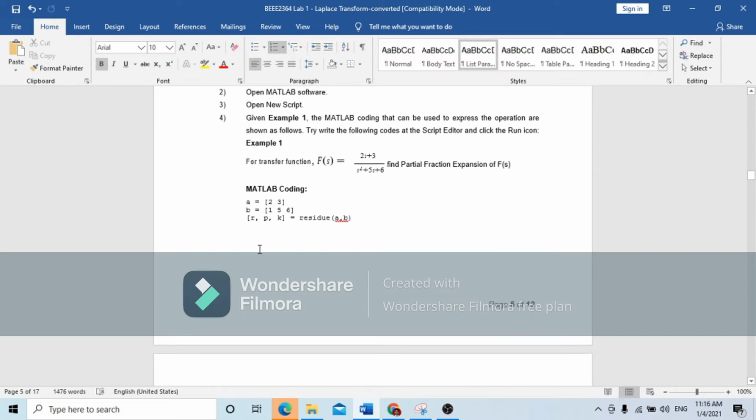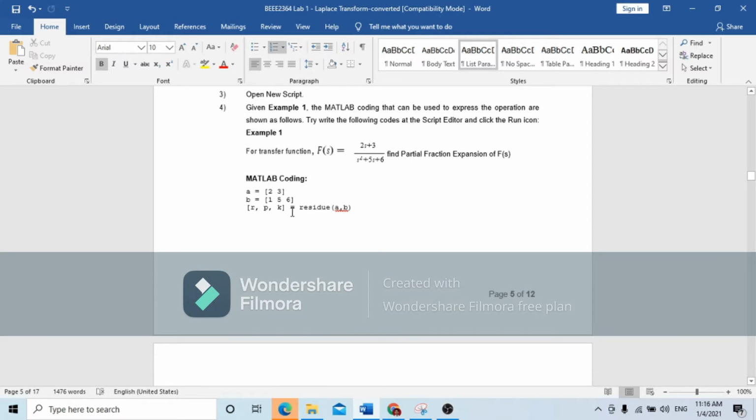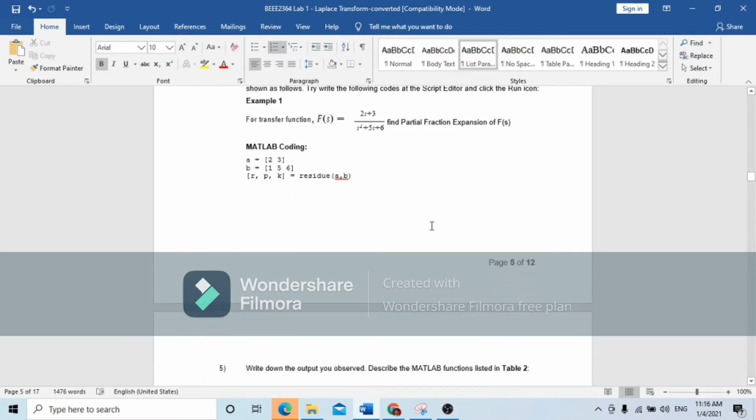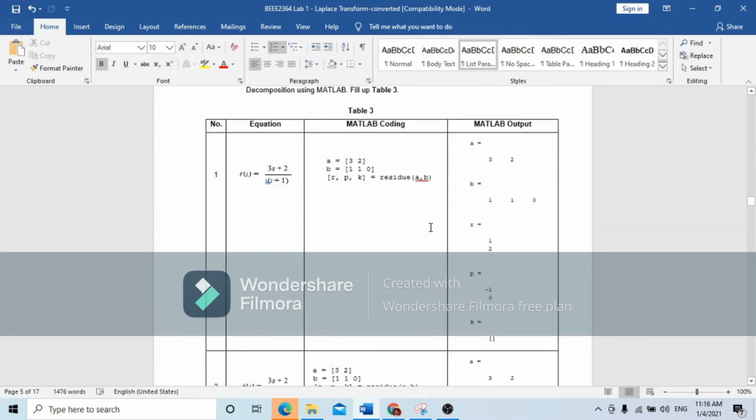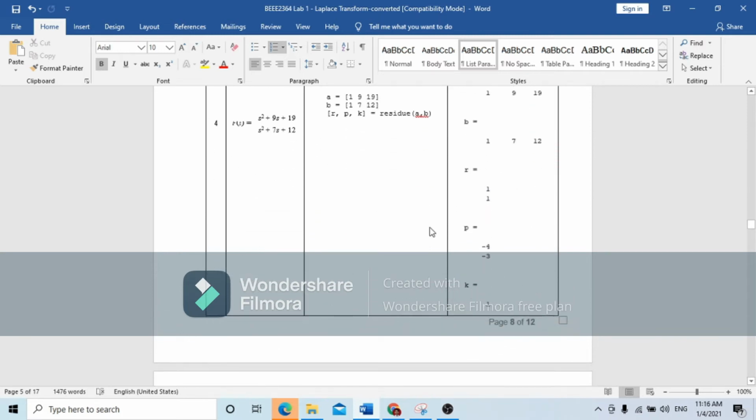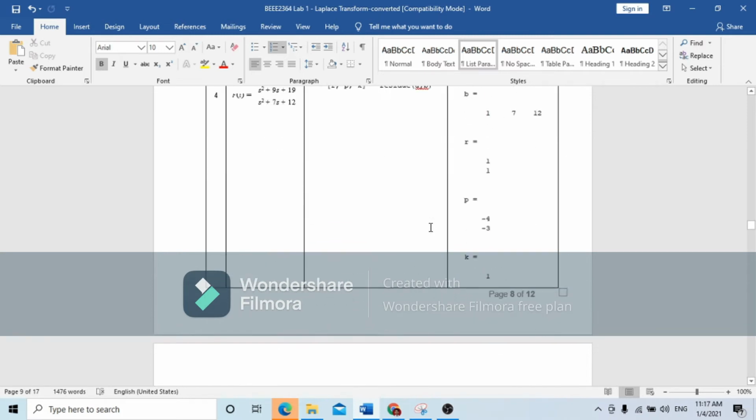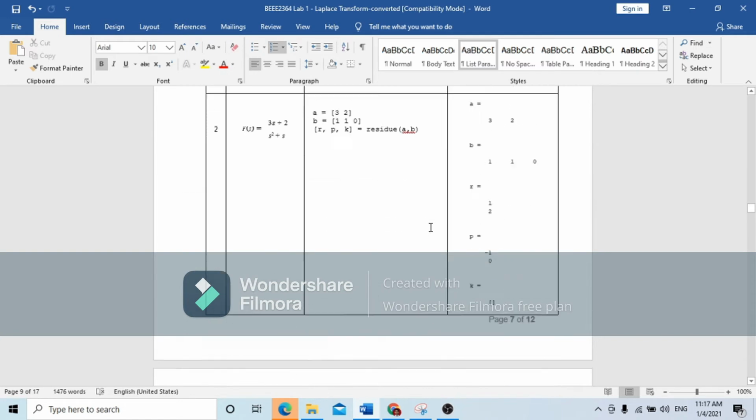For the coding, residue means return the column vector of R, pole locations P, and the direct terms K. So here I will give the example for number 2.